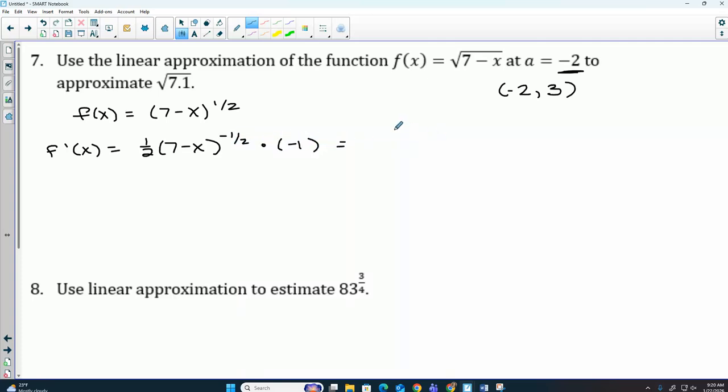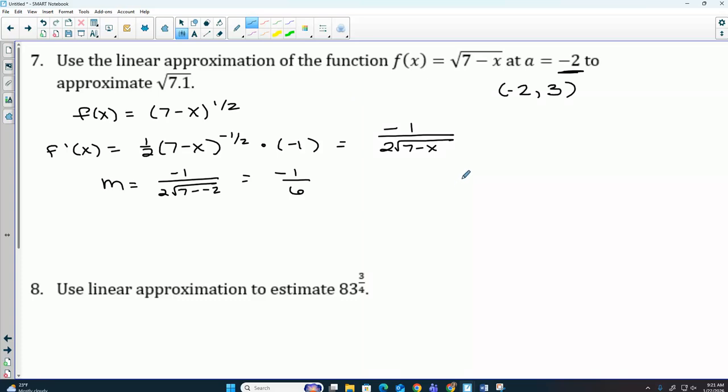So that gives me -1 over 2 radical 7 minus x. I'm trying to find the slope at the instant when my a is -2. So that means when I'm using -2 for my x. So the square root of 9 is 3, times 2 is 6. So my slope is -1/6.